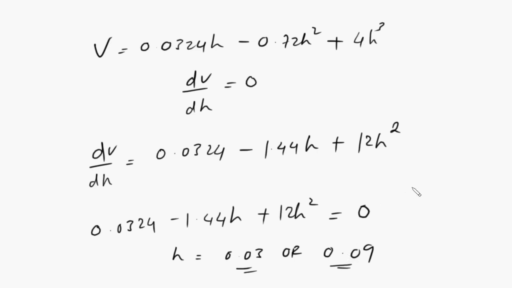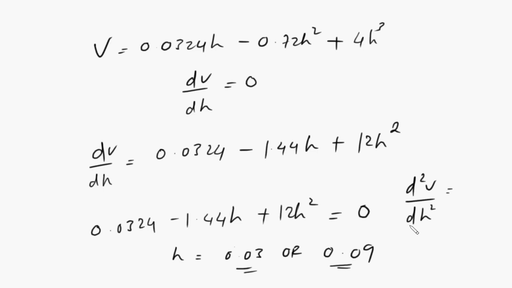To determine that, I need to find the second derivative and see whether it gives positive or negative for each value. Then I can determine which of these two will give a maximum volume.